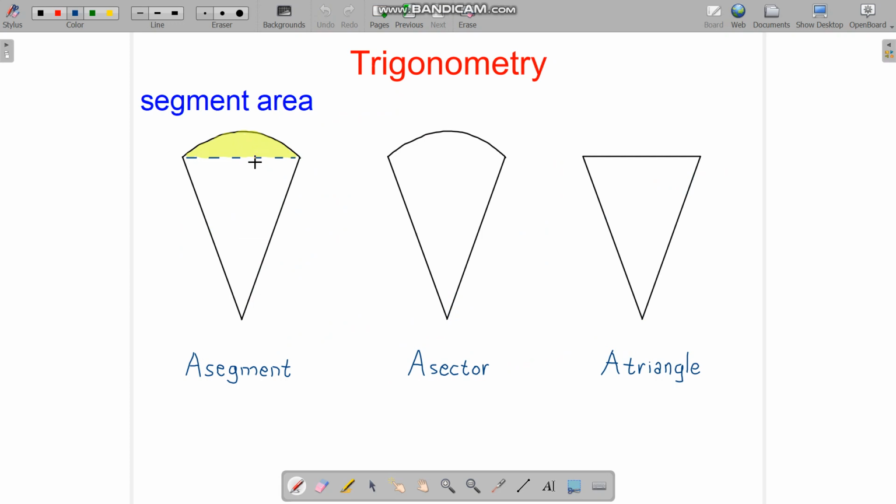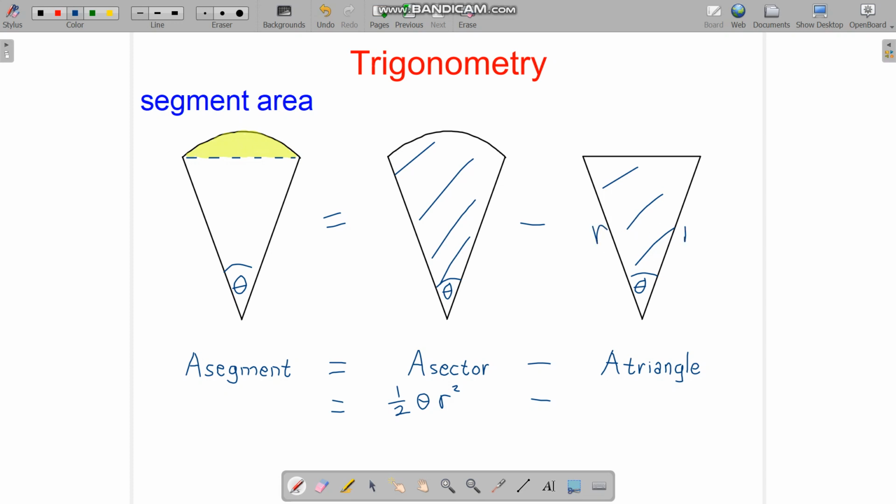And the last formula is to find the segment area here. So the area of the segment is equal to the area of the whole sector minus the area of the triangle. The area of the sector is 1/2 theta r squared. That's the formula in MF19. And for the area of this triangle, let's say the angle is theta here, because it's part of a circle, and this is r, this is r.